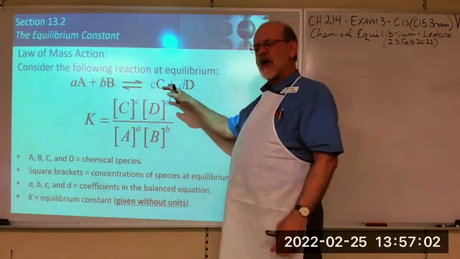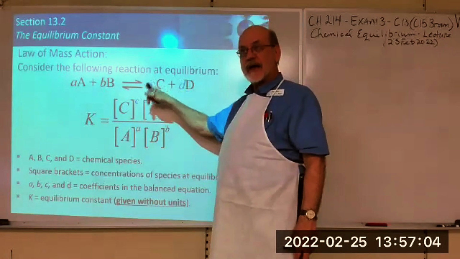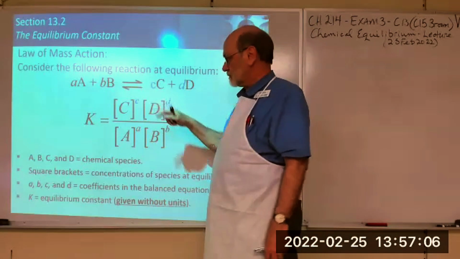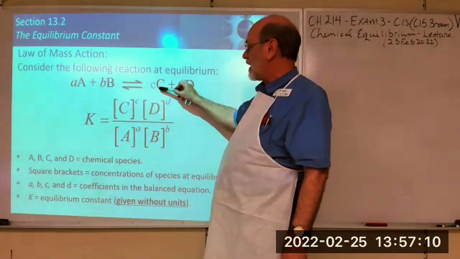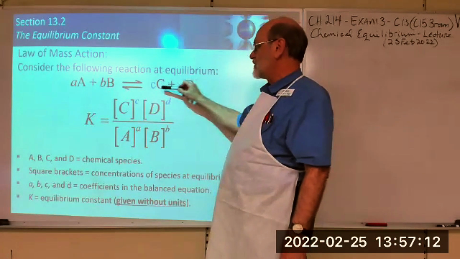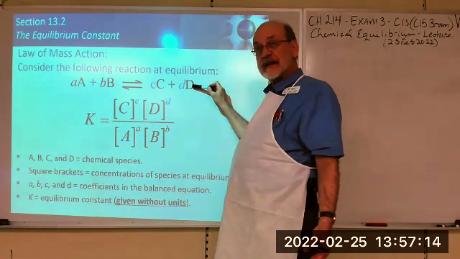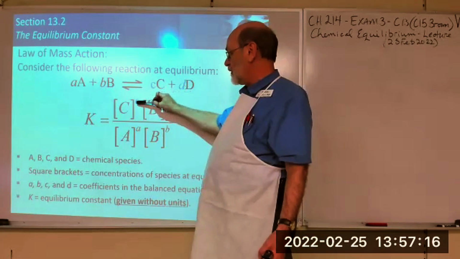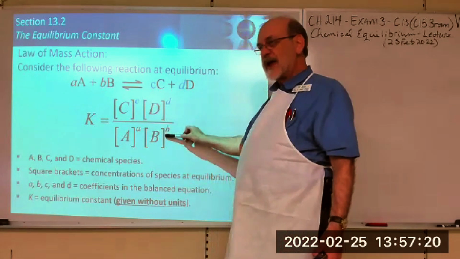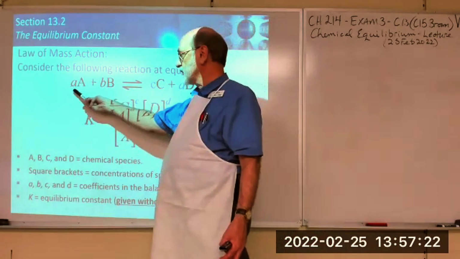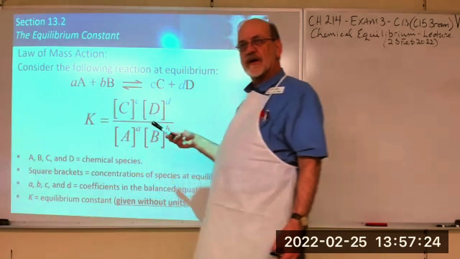This is different. Law of mass action you can get directly from the balanced equation. And all you have to do is make the numerator the product of the concentrations of, in this case, C and D, and then raise them to the coefficient power. And then divide by the reactants, product of the reactants raised to their respective powers.